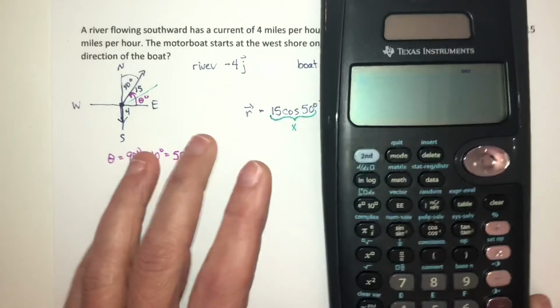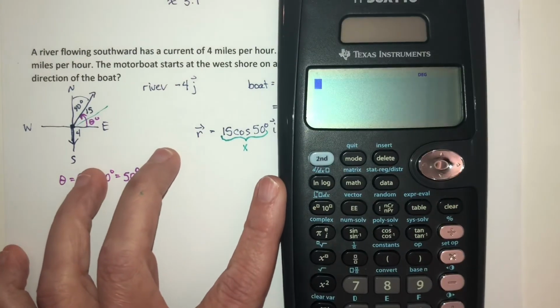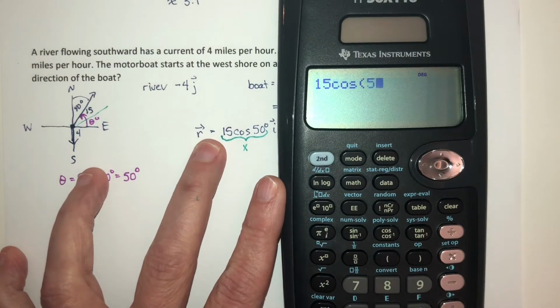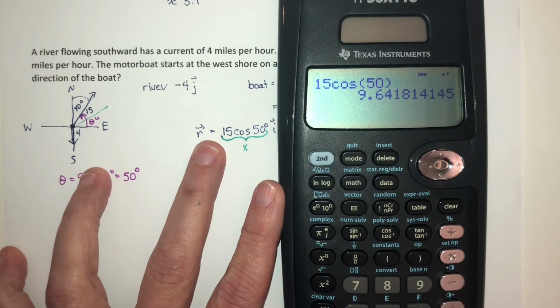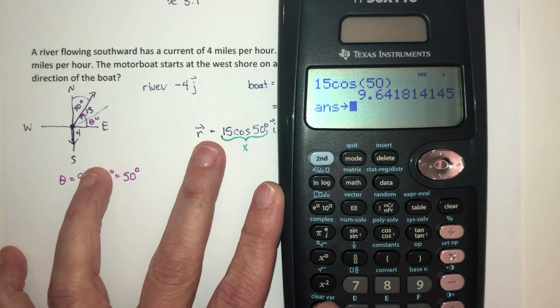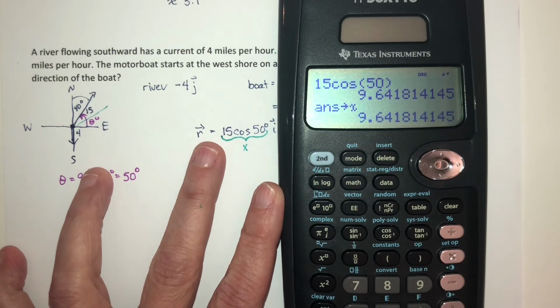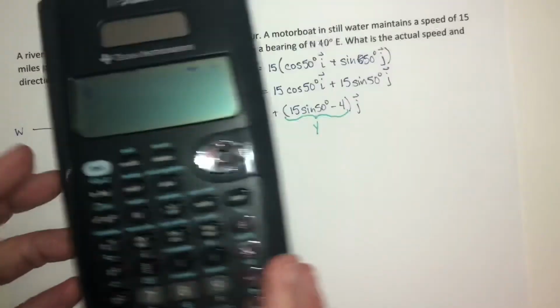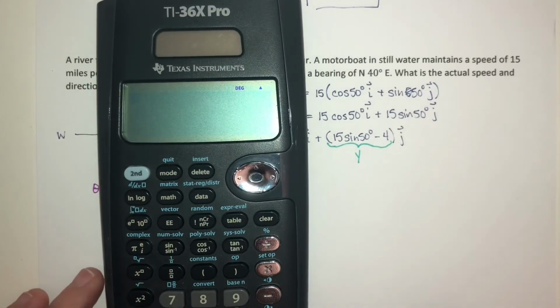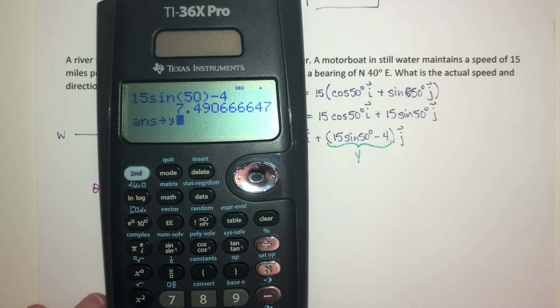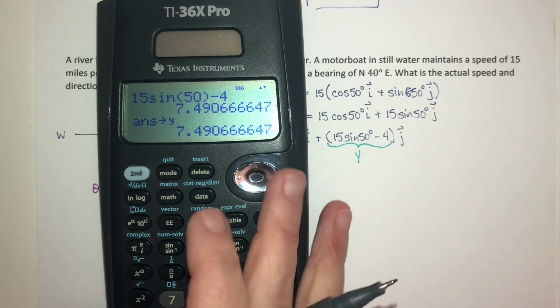So I'm in degrees, and I have 15 cosine of 50 degrees, which is that big ugly decimal. I'm going to store it in my x variable. Now I'm going to do 15 sine of 50 degrees, then subtract 4, and store it as y. So I have those two values exact stored in my calculator.